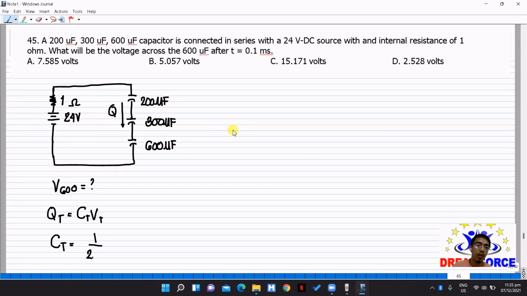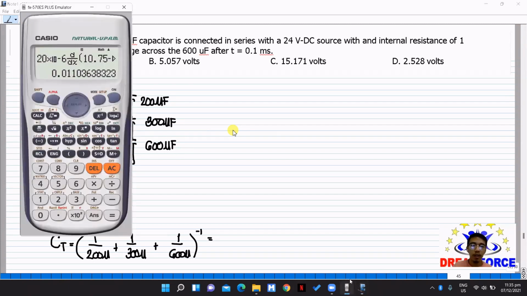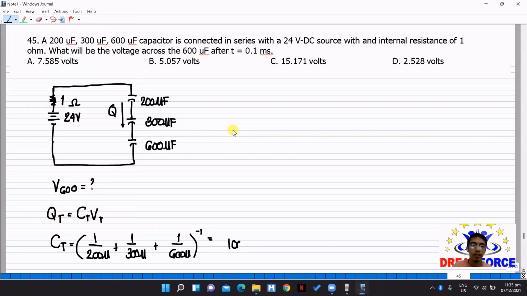So that is 1 over 200 micro plus 1 over 300 micro plus 1 over 600 micro. Then inverse natin. Okay, this 200 inverse plus 300 inverse plus 600 inverse, inverse. So 100 microfarad.